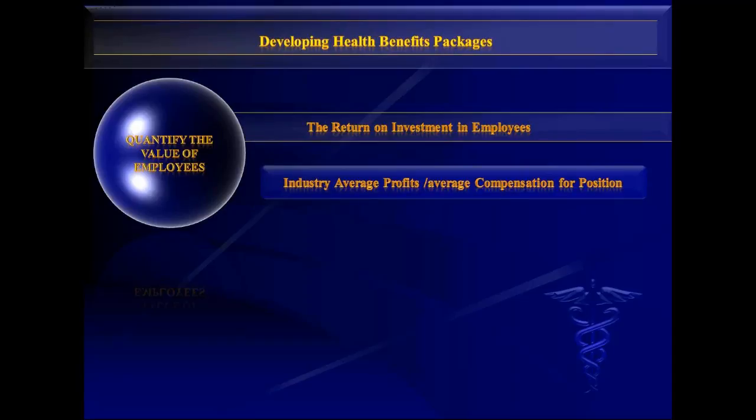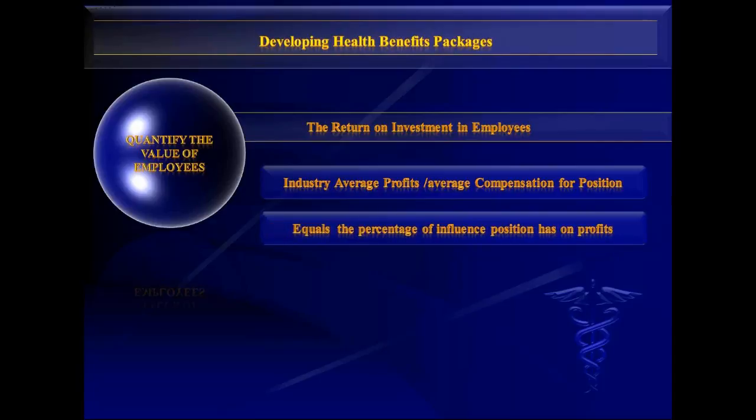Now, the industry average profits as well as the industry average compensation are usually available on the Department of Labor's website or the Census Bureau's website. They usually have most of this information on there. This will give a theoretical value of influence that a specific position has on our company's profits.